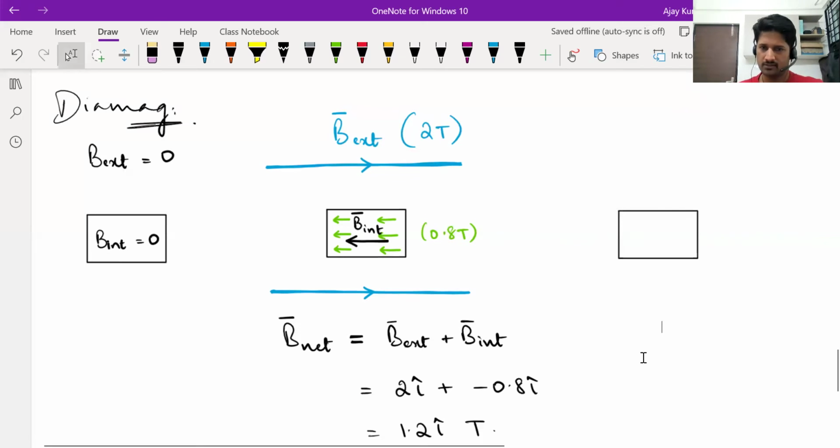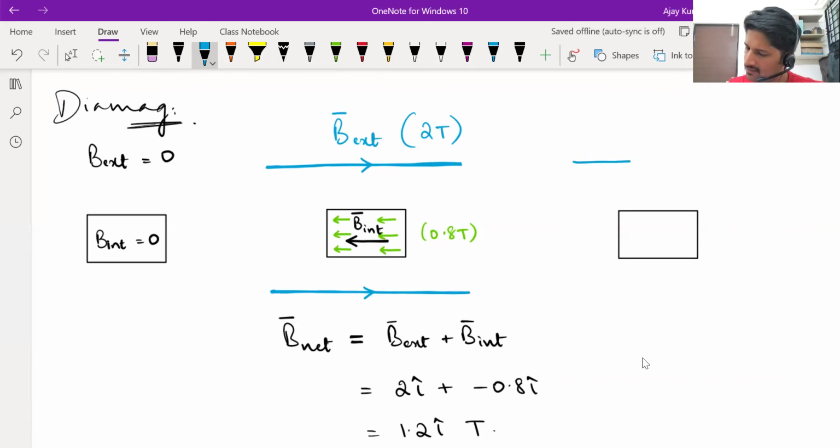Inside the material, the field is weak. Now, how do field lines show where the field is strong and where the field is weak? How can you get an idea of the strength of the field from field lines? Density of the lines. Density of field lines, how close they are.